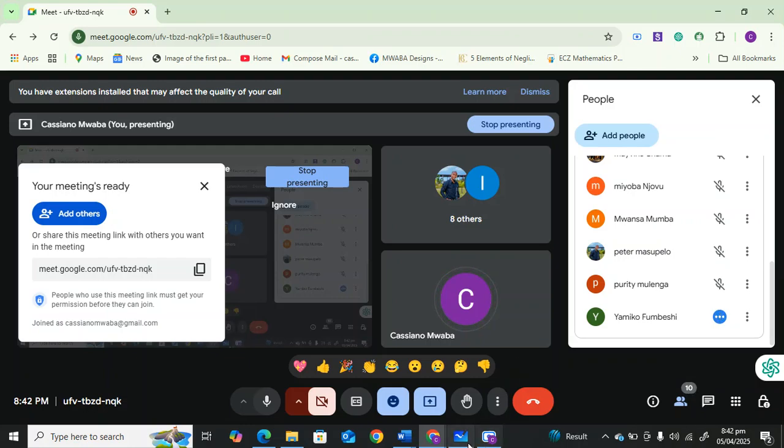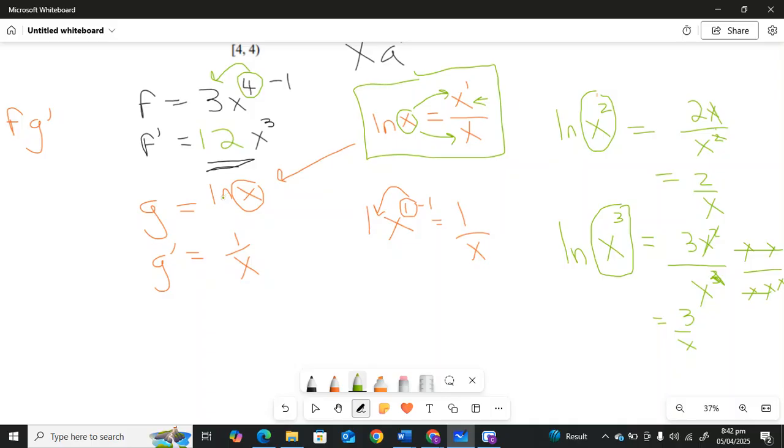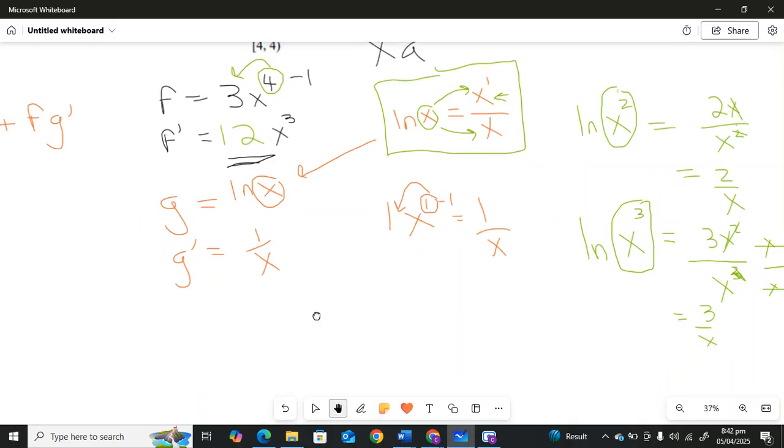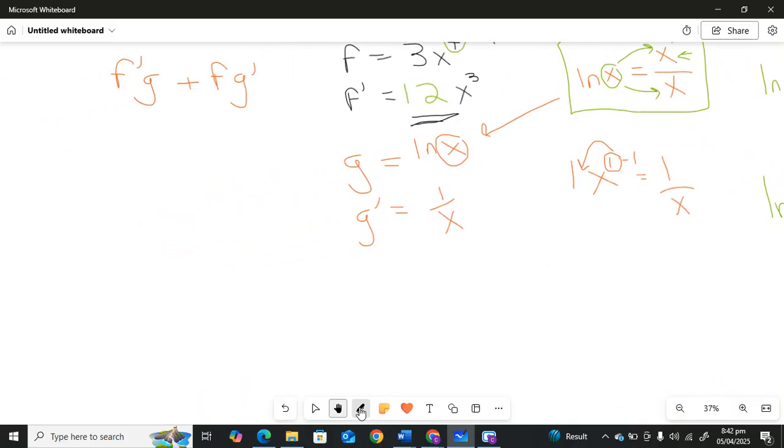Okay, wonderful. So the natural log of x, when you derive it, is 1 over x. As I said, the rule is whatever expression you're given, your answer will be a fraction. On the numerator, derive the expression, the denominator, leave the expression as it is. So here, it's now just a matter of substitution.